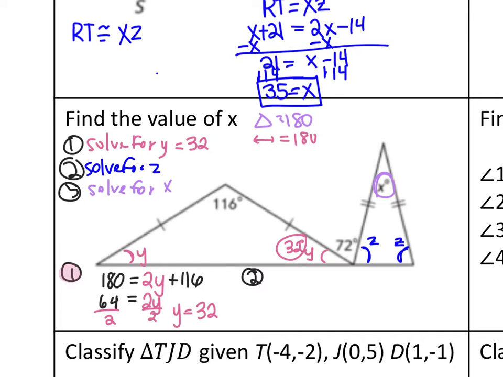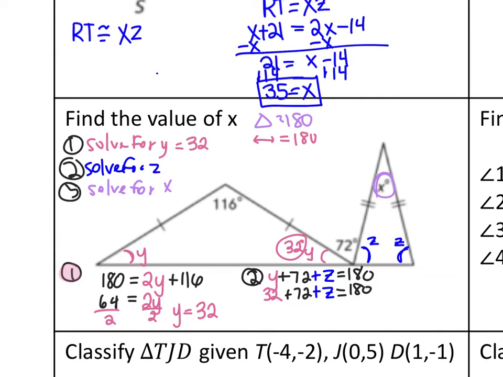I know that the measure of angle y plus the 72 that's already there, plus the z that I need to solve for, my z's look like 2's, I'm sorry guys, is going to have to equal 180, because all three of these angles together are supplementary, right? They add to 180. So knowing what we know about y, we're going to substitute that in. So 32 plus 72, and then we still have to solve for z equals 180.